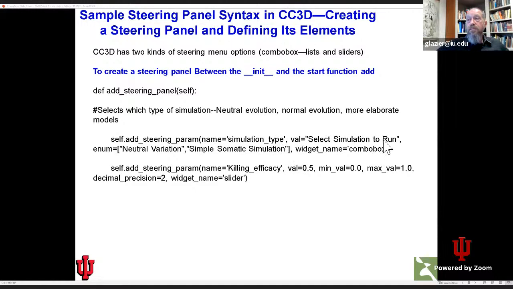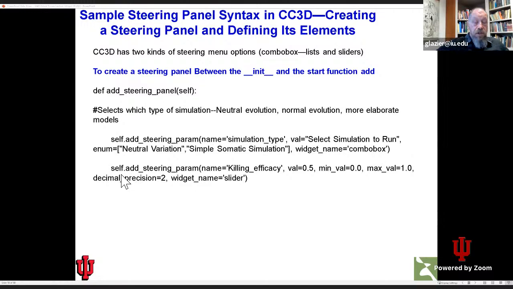The value will be displayed. And then, because this is a pull-down list, we have to list all the options. Here I've given it two, neutral variation and simple somatic simulation. And the widget is of type combo box. So I could have 10 options, 20 options, as many as I want in a pull-down menu.